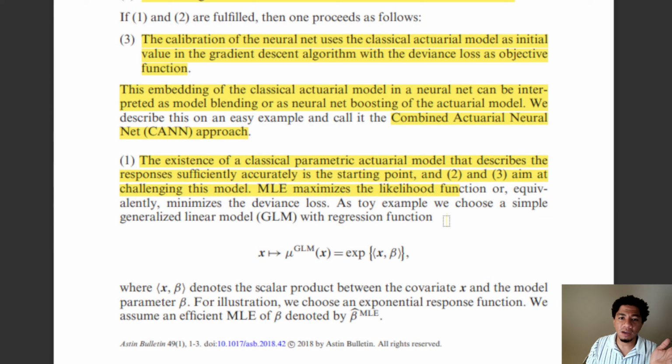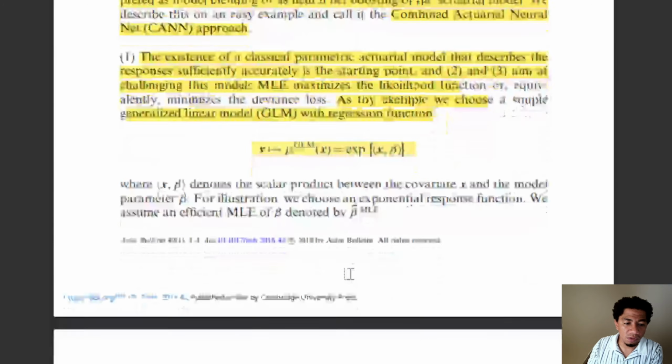So basically minimizing your deviance loss function is the same as maximizing your likelihood function. And as a toy example, they essentially have a GLM with a regression function, and those of you who are familiar with a generalized linear model know that this is the regression function.